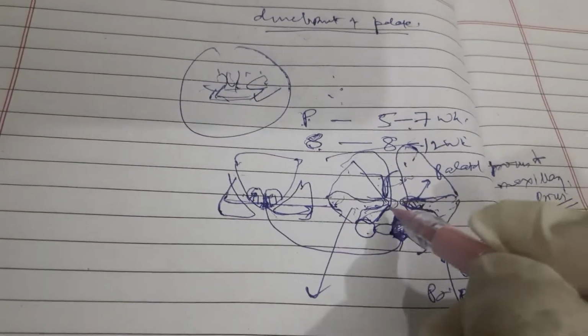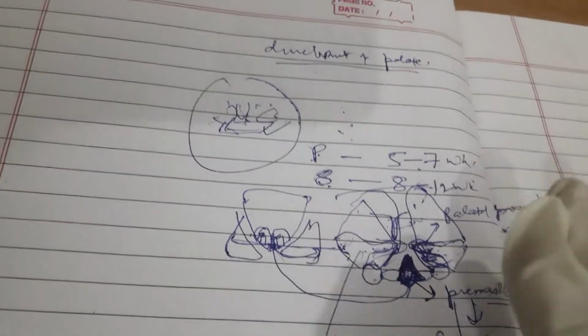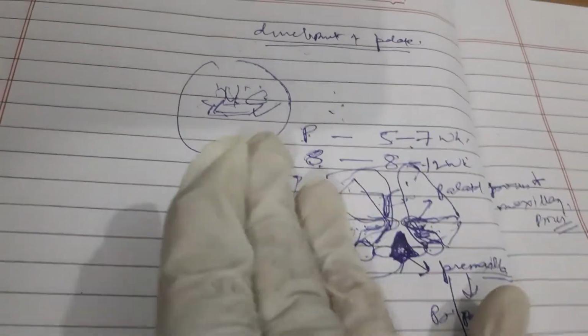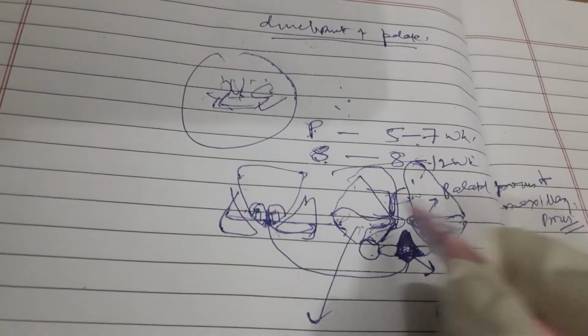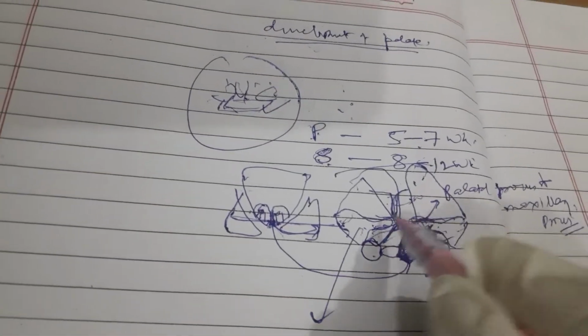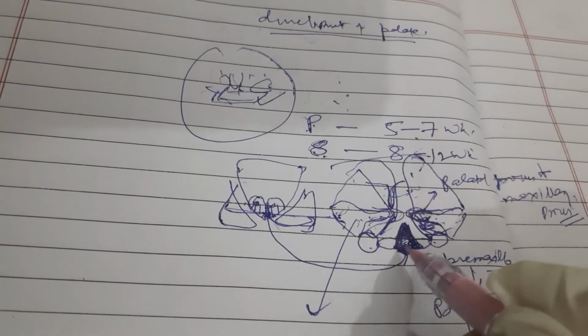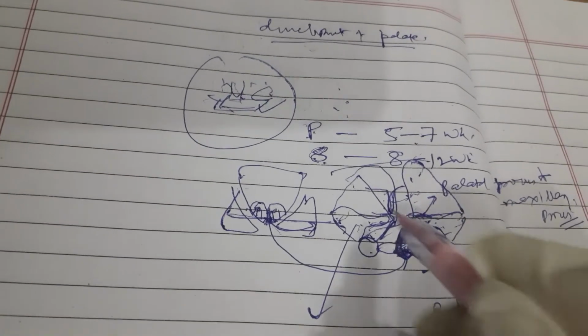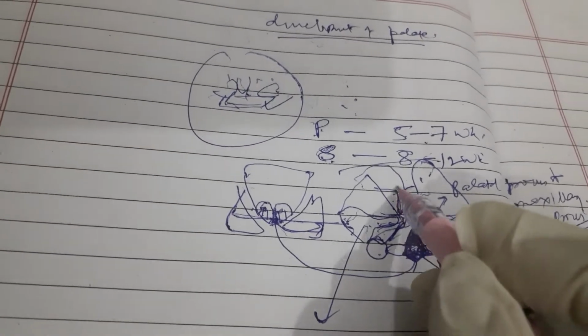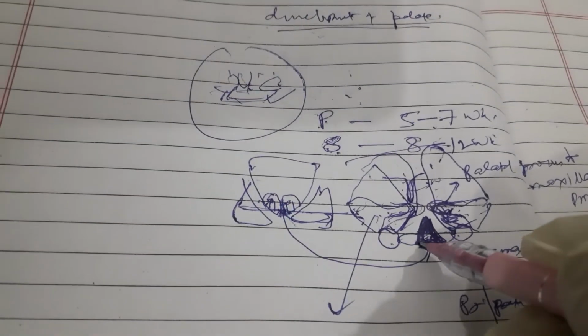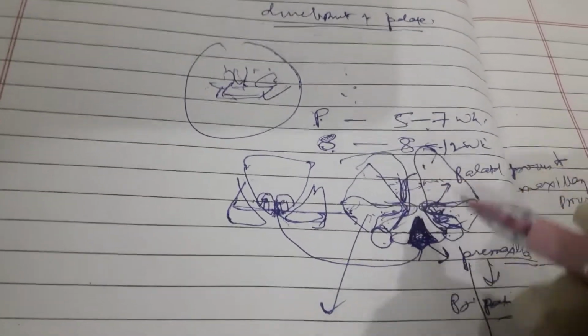This whole of this is the palatal shelf from the inner aspect of the maxillary process, which unites with the premaxilla and forms this. This is the primary palate and this is the secondary palate.